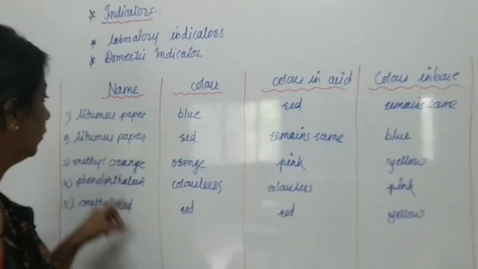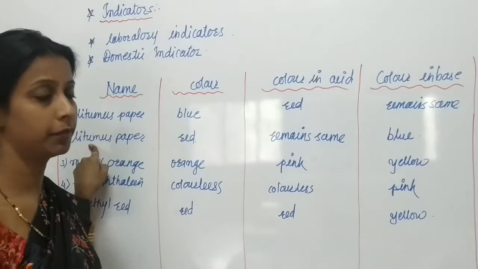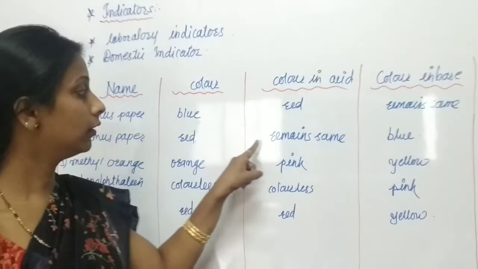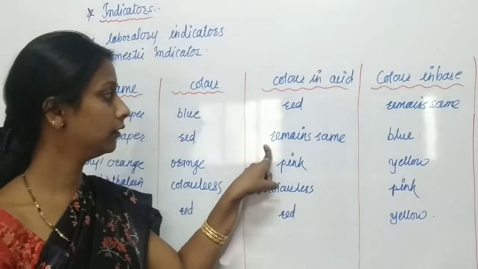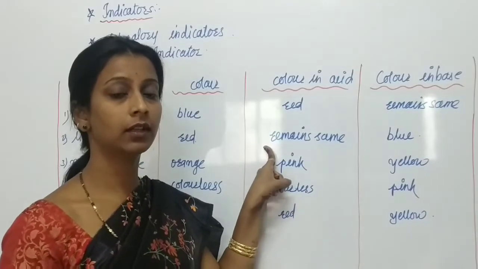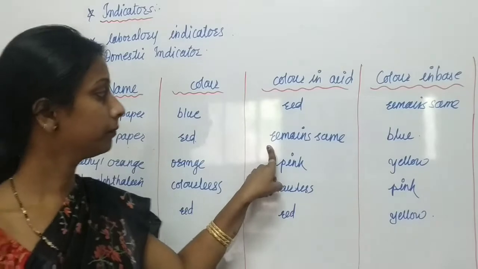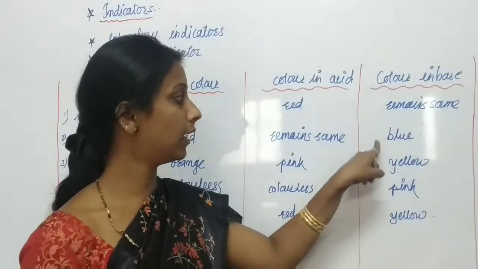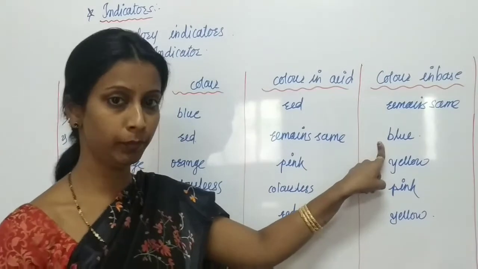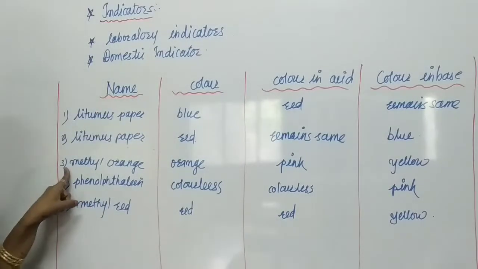Now let us study the next, red litmus paper. When we dip red litmus paper in acid, it remains as it is. Its color never changes. But when we dip red litmus paper in base, it becomes blue. Next, methyl orange.